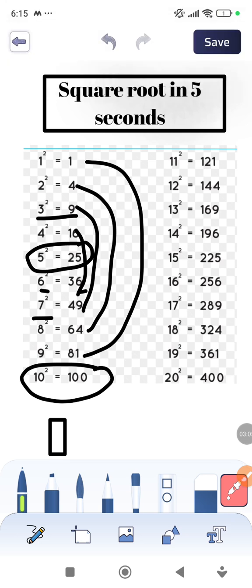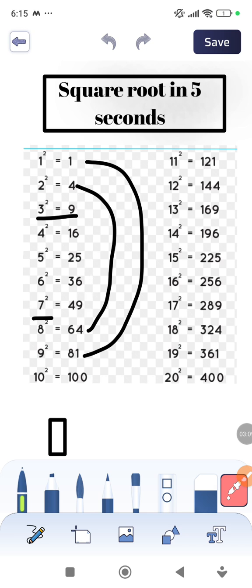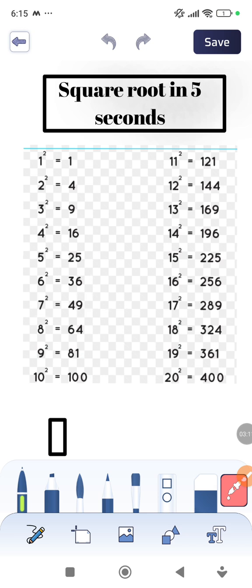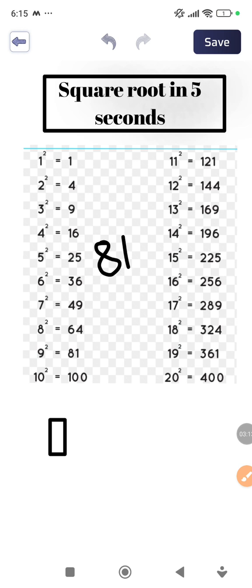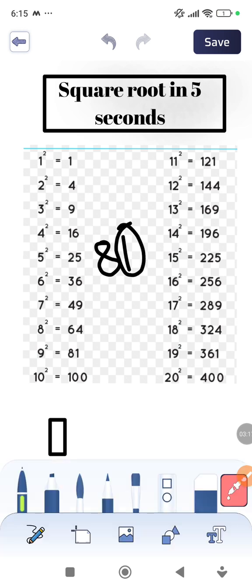Now what we notice here is, when any square is given, for example, if I say 81, you can see the end digit, and from that end digit you can clearly tell that the number whose square this is would also end with the digit 1 or 9.